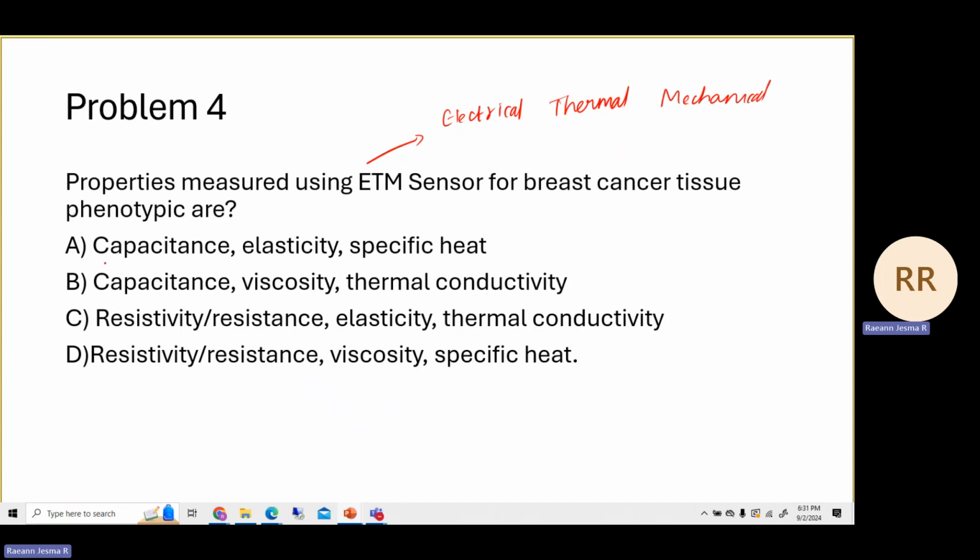So the options are: option A, capacitance, elasticity, specific heat. Option B, capacitance, viscosity, thermal conductivity. Option C, resistivity or resistance, elasticity, thermal conductivity. Option D, resistivity or resistance, viscosity and specific heat. So you just have to find which property we are measuring for electrical, thermal and mechanical in that order.